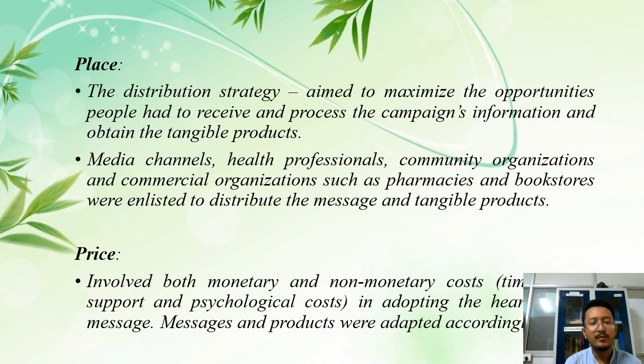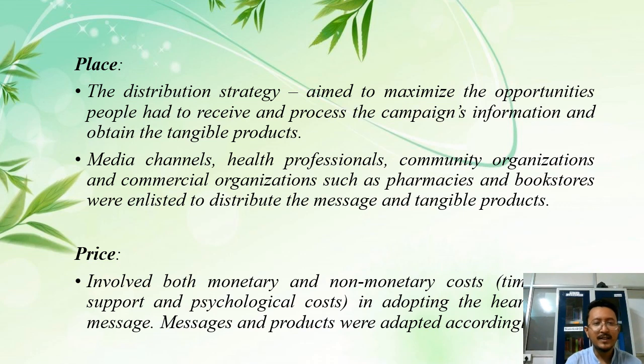Moving on to the next P, that is place, also known as the distribution strategy. Now, it aimed to maximize the opportunities that people had to receive and process the campaign's information and obtain the tangible products. Like we have already seen, place aims to remove the barriers against the undesired behavior, right?